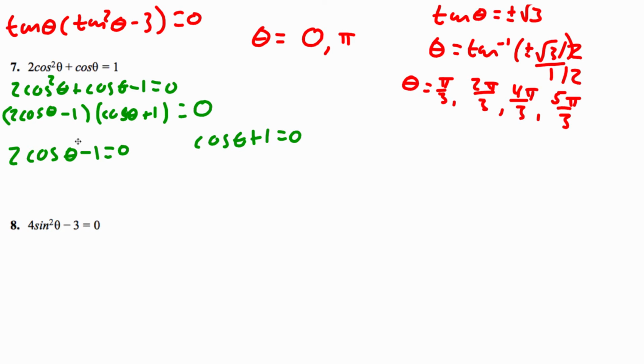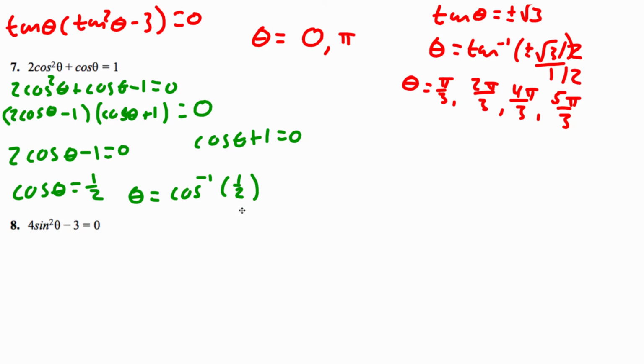I'm going to work on solving this one on the left first. I'm going to add the 1 over and divide by the 2, so we get the cosine of theta equals 1/2. And then if we do the inverse cosine, we get theta equals the inverse cosine of 1/2.